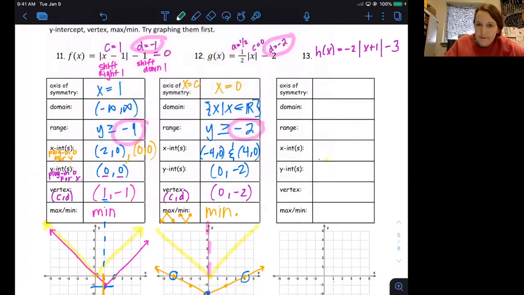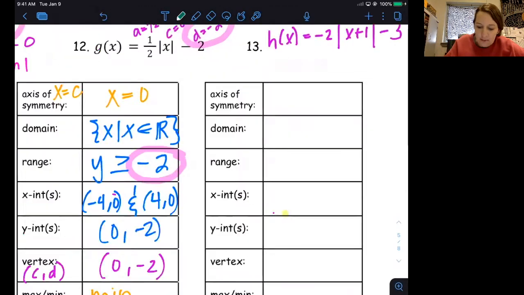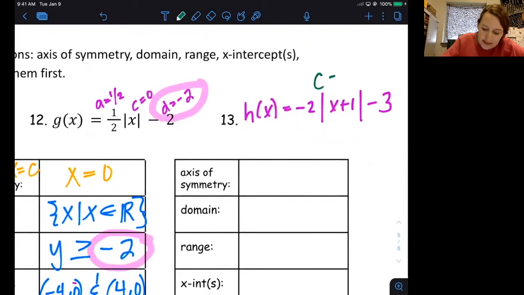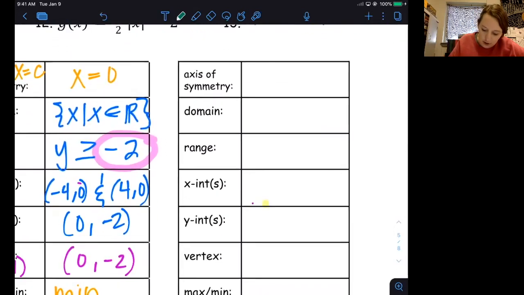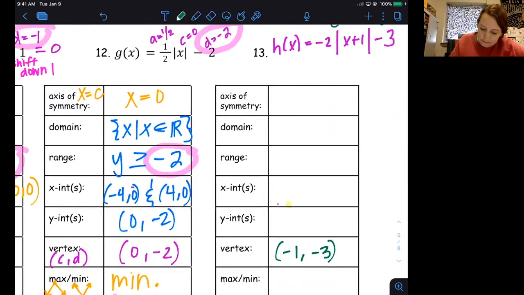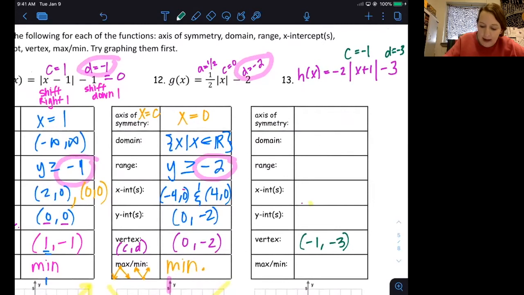So let's first get whatever we can from the equation. So here I've got c equal to -1, d equal to -3. So I know that my vertex is at the ordered pair, -1, -3. Okay, based on that, my axis of symmetry is at x equals -1 because it's x equals my c value.